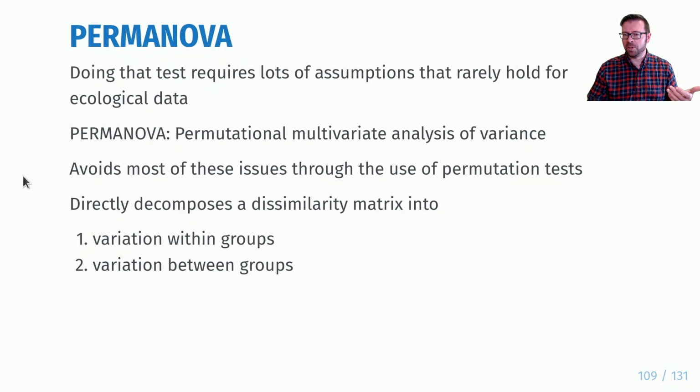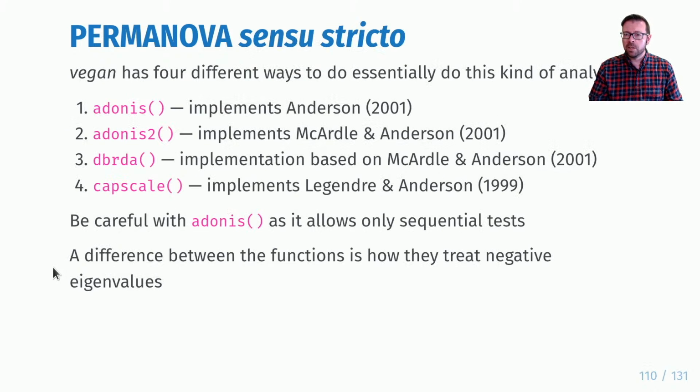Then you would find out how much variation was explained both within and between the groups, and then you'd use a permutation test to test whether the variation between groups was large relative to the null, and you generate the null using the permutation test that we just discussed.